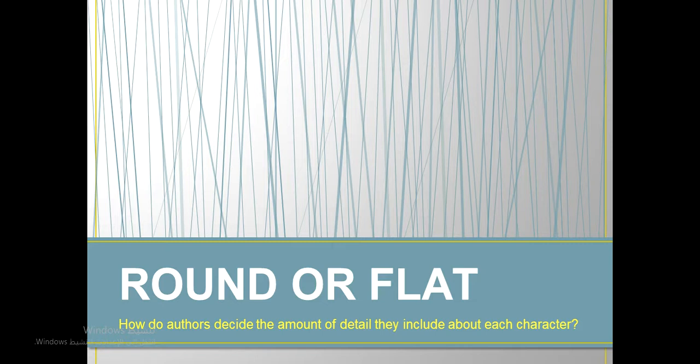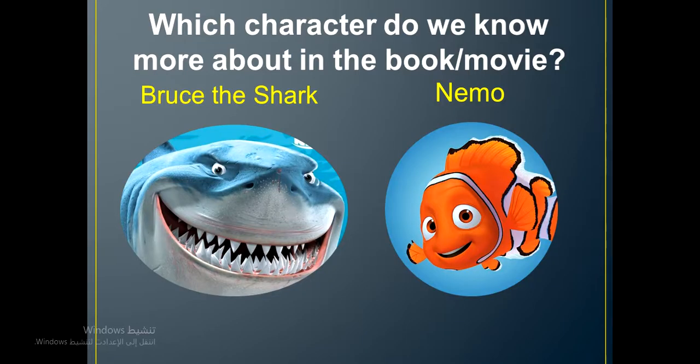One question that may help us to decide if the character is round or flat is to answer this question: how do authors decide the amount of detail they include about each character? So, for example, if you watch this video in which Nemo and the shark are characters in that movie, if I ask you which character do we know more about in the book or even the movie, is it Nemo or the shark?